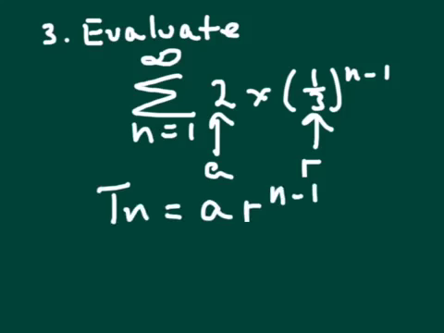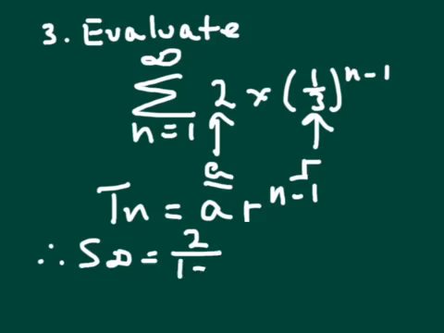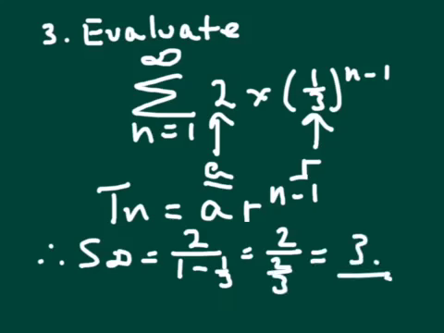So that's where I'm getting the A and the R from. Once you realise that, it becomes very simple. So the limiting sum of this particular series is equal to, now A is 2, over 1 minus R, which is a third, so that equals 2 divided by 2/3, and that will equal 3. Nice and simple.